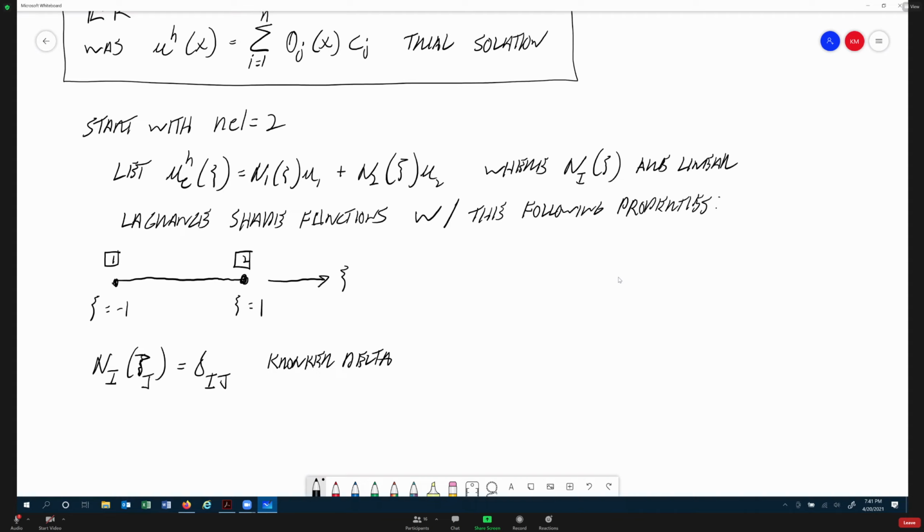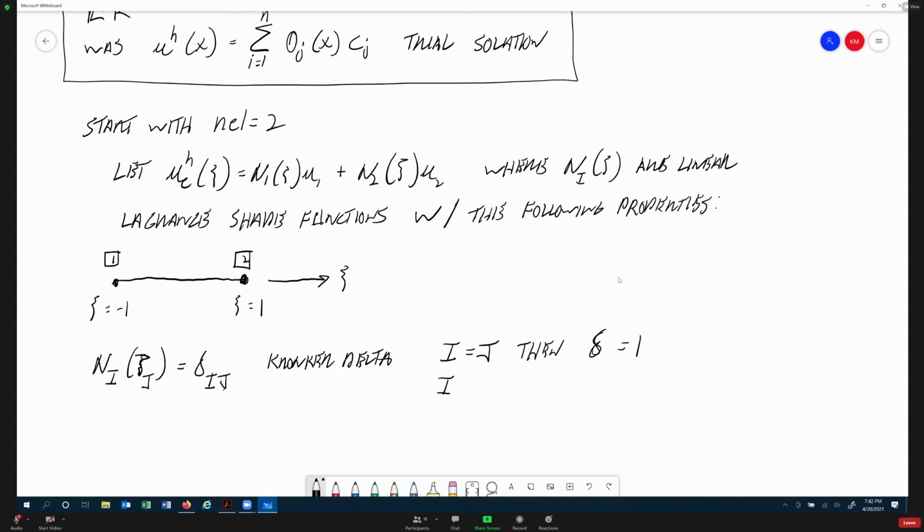Remember, Kronecker delta was if these two indices are the same. So if i is equal to j, then our Kronecker delta was equal to 1.